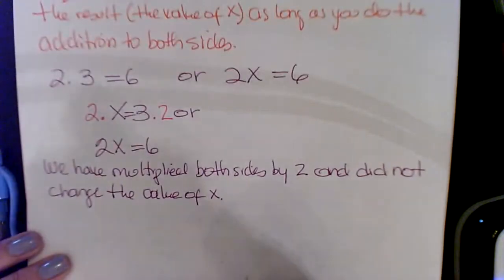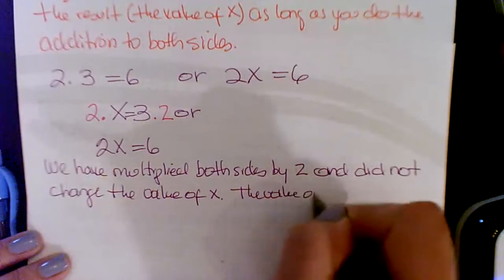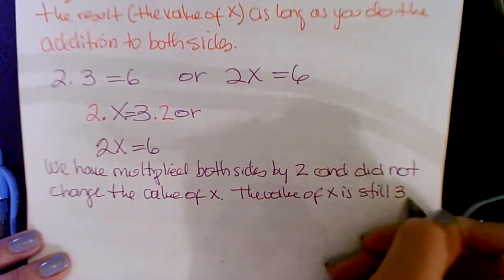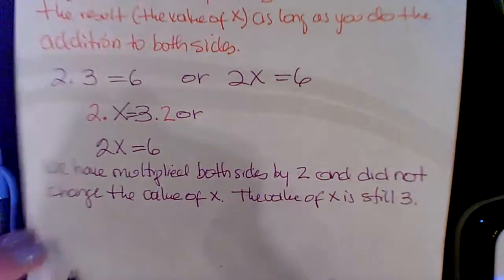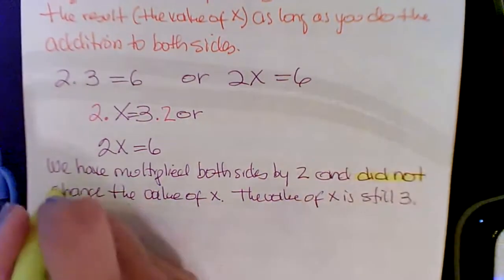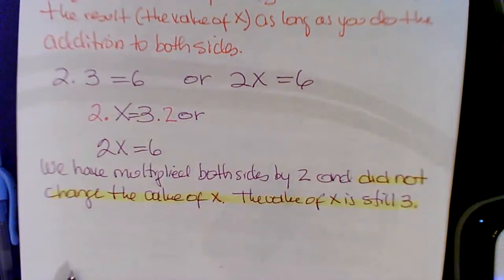The value of x is still 3. And I want to highlight this part. Okay, this is still 3.